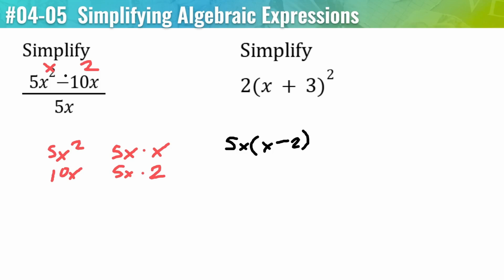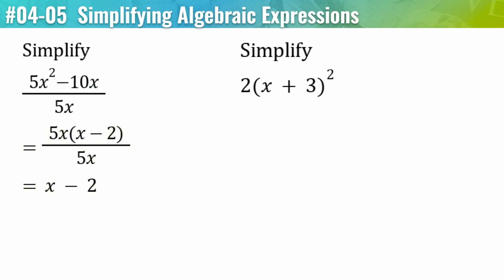So you have to pay attention to the sign here. So now you are able to cancel it. So the answer is going to be x minus 2. If ever you want to double check it, you can simply multiply it again. So 5x times x is going to be 5x squared, and 5x times negative 2 is going to be negative 10x.